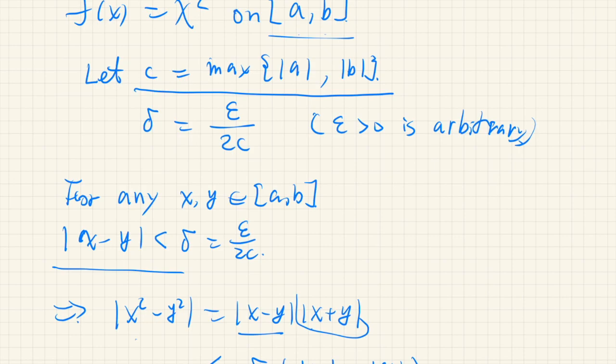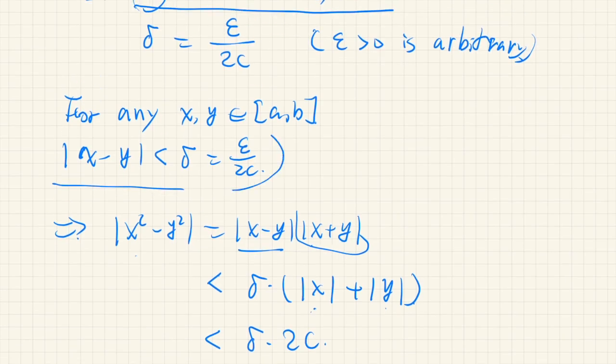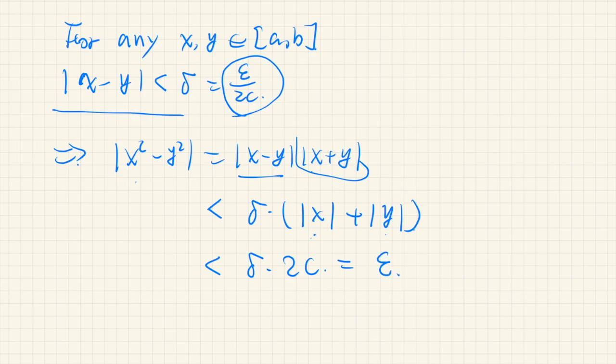But due to the way we chose this constant c, both of these x and y are less than or equal to c. So this is less than or equal to delta times 2c. But delta is actually epsilon over 2c. So that is epsilon.